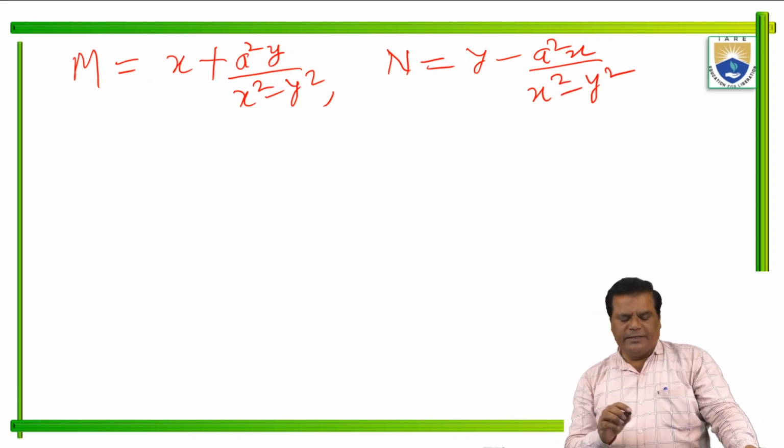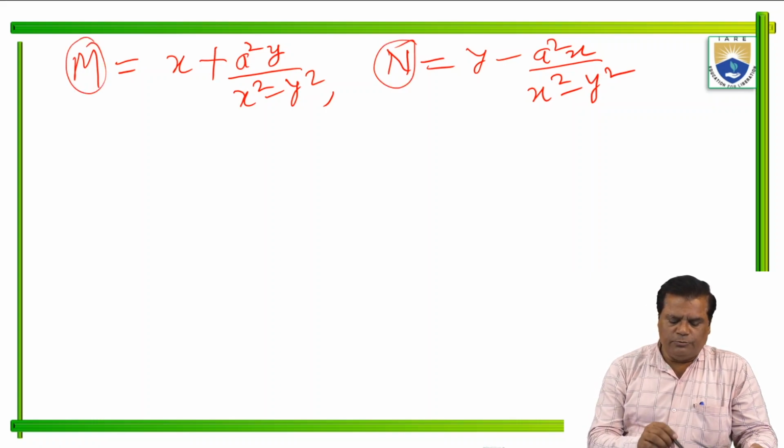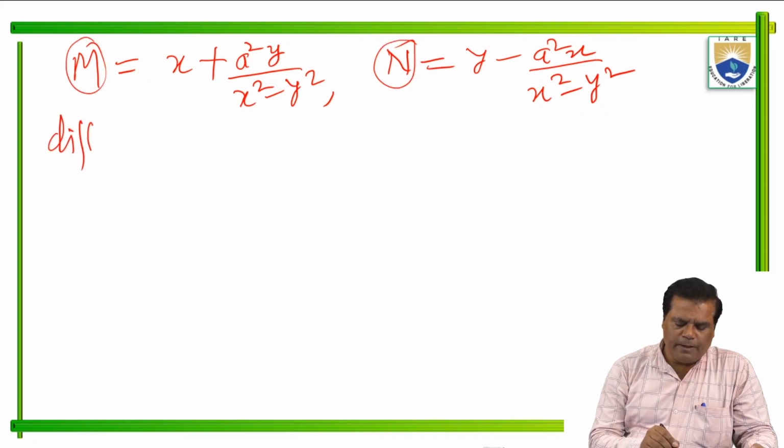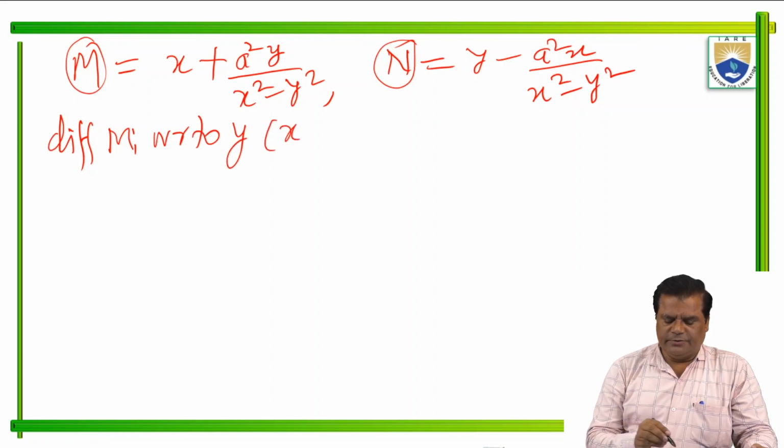So after comparing, we find the value of M and the value of N. Now differentiating M with respect to y, x as a constant.